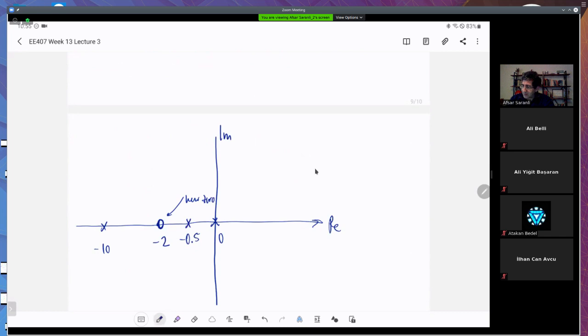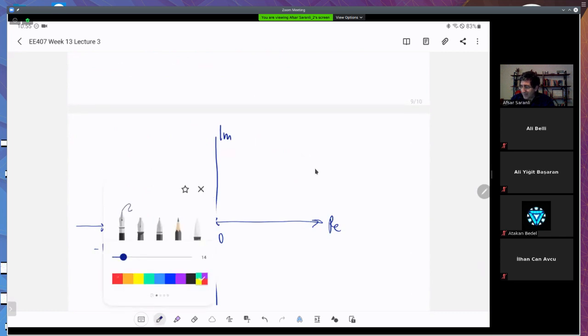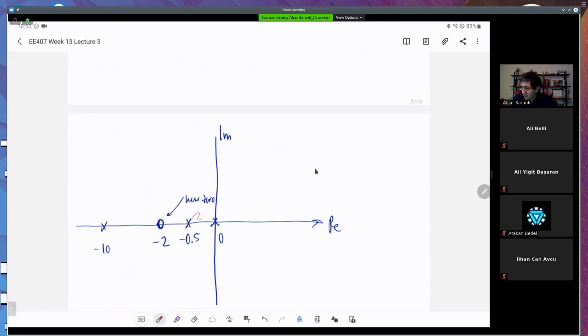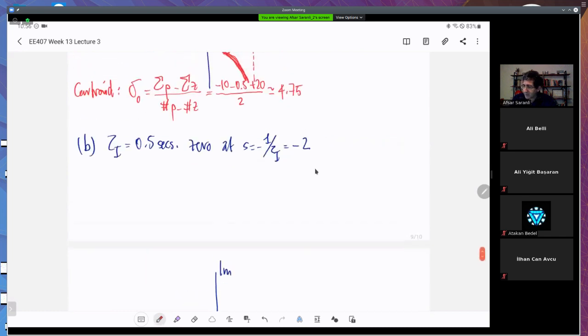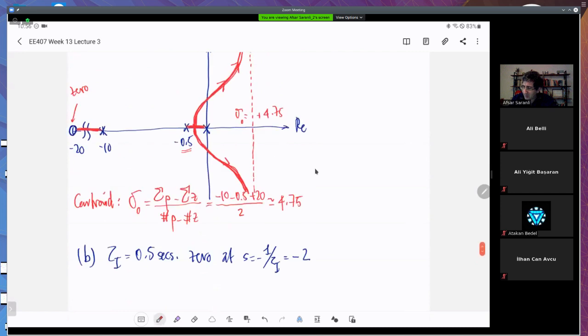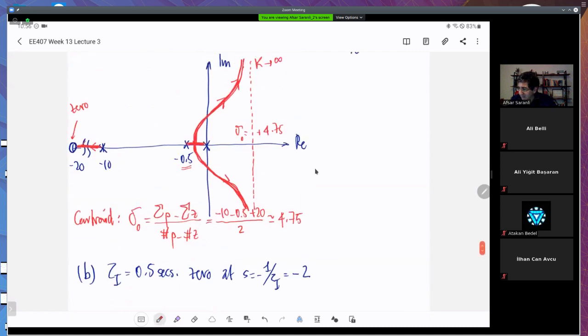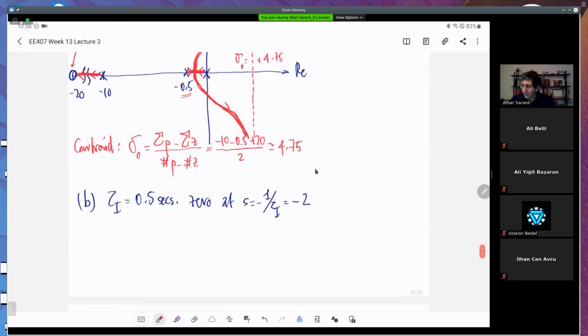So again we have the same thing with the real axis. So in fact not the same thing actually. We have this part being part of the root locus and this part being part of the root locus. And remember that the locus starts at the open loop poles, and actually let me do this here as well. We have the direction like this, and the directions over here like this, and over here.